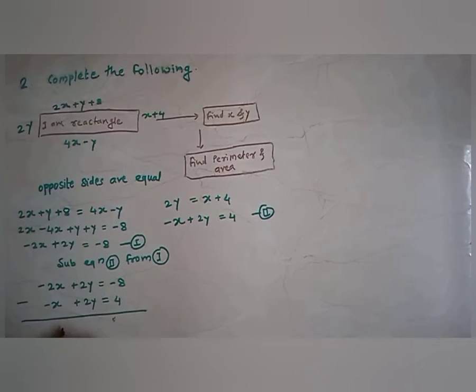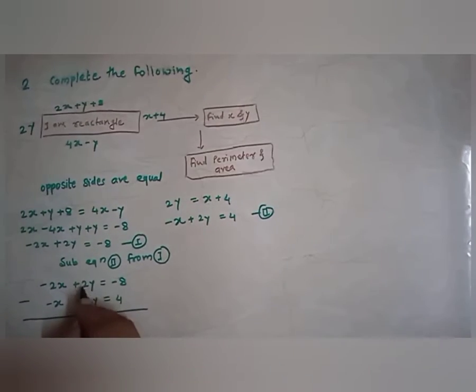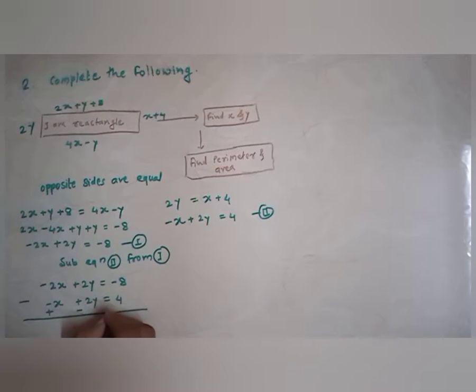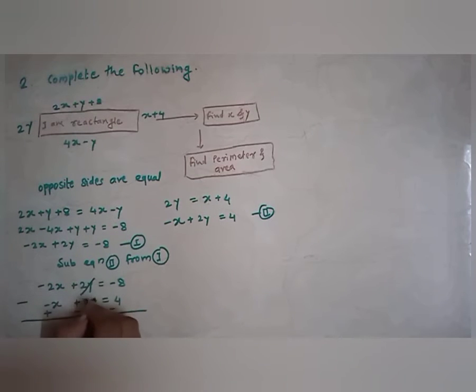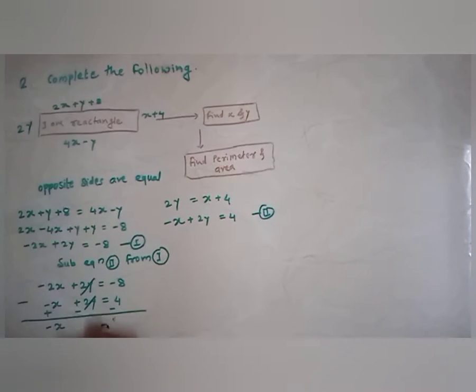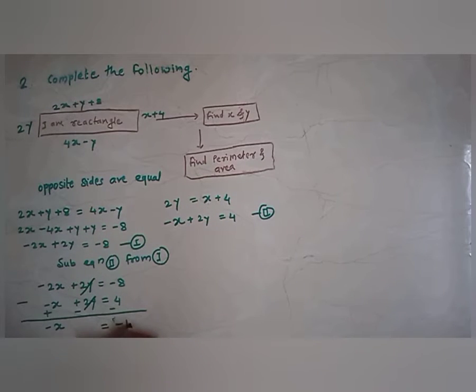Subtraction is here, so change the signs. Then minus x will be plus x, minus 2y, and minus 4. Minus 2y plus 2y cancels, and minus 2x plus x means minus x. Then we get minus 8 minus 4, which is minus 12.